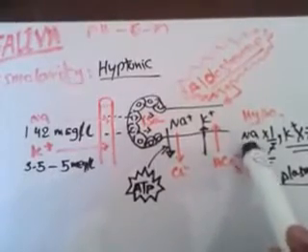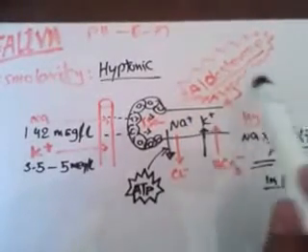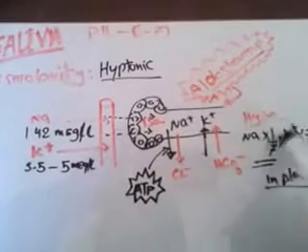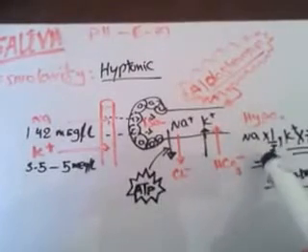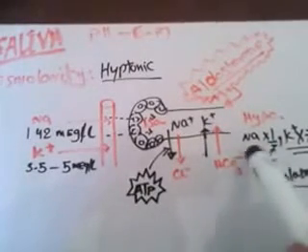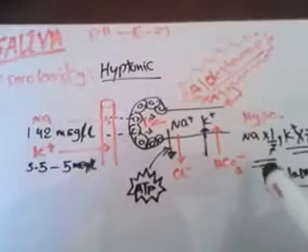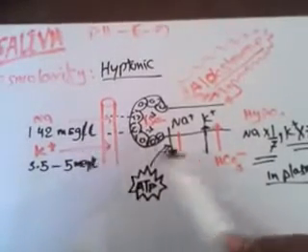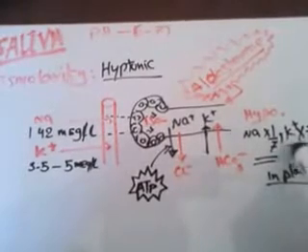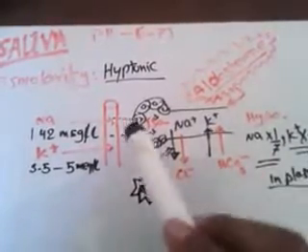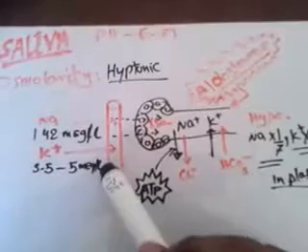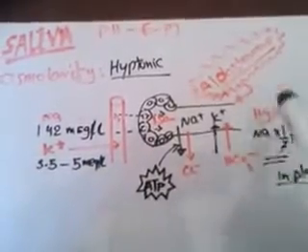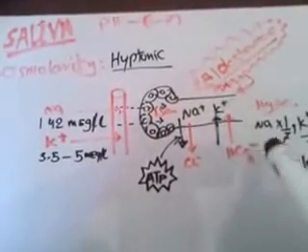Considering that the sodium concentration here, after it gets out of the duct into the oral cavity, is about 7 times less than the concentration in plasma, and the potassium is going to be 7 times the concentration in the plasma. So hopefully I have demonstrated this correctly.